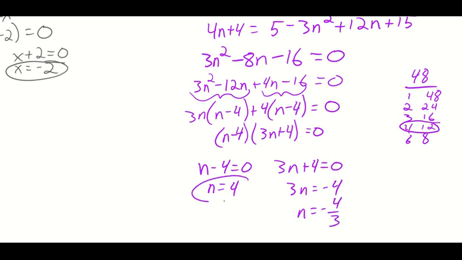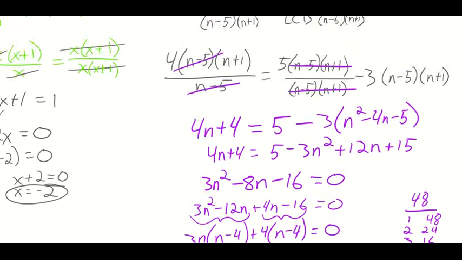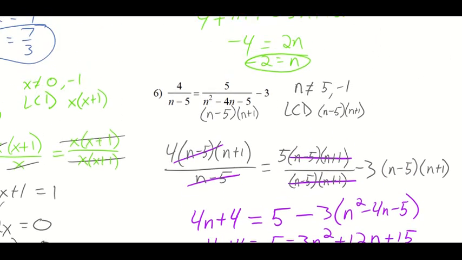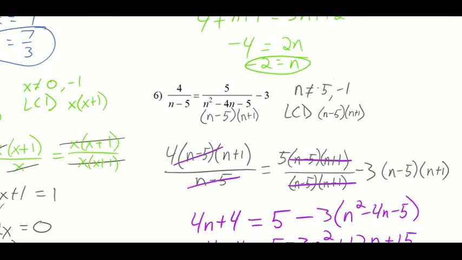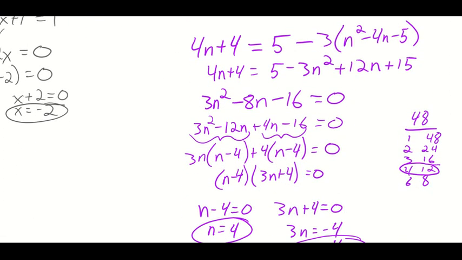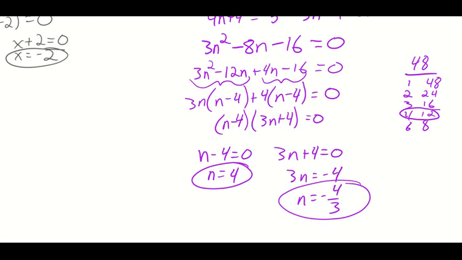So we check our two solutions, so 4 and negative 4/3, with what we determined at the beginning of the problem. Oh, our restrictions are just n can't be 5 or negative 1. So these are the two solutions for this equation.